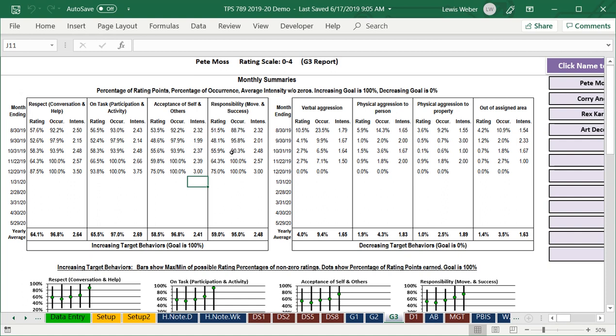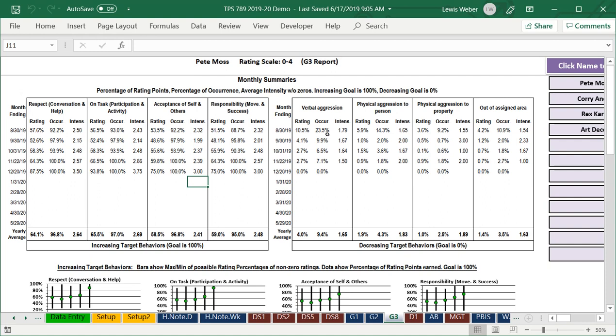However, if we start to see some gaps, like we did over here, occurrence was low for responsibility at 88%, relatively speaking it was low. That means that Pete had earned a bunch of zeros for his responsibility in August of 2019.